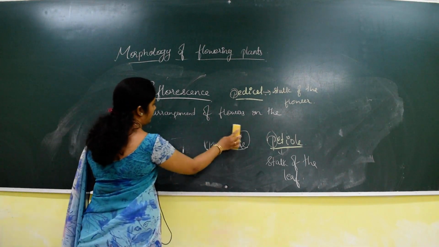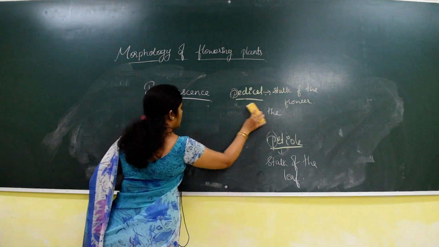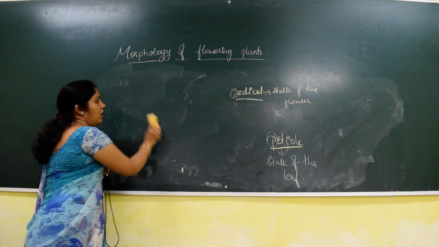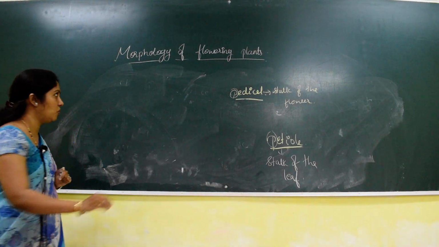Now next, the mode of arrangement of the flower. The inflorescence is classified into two main types.